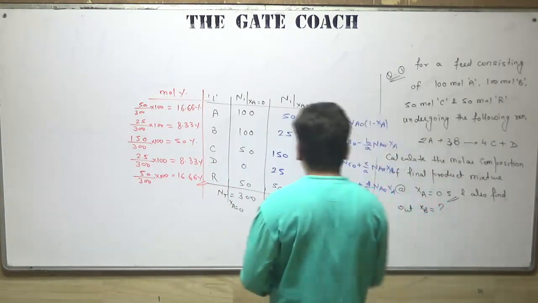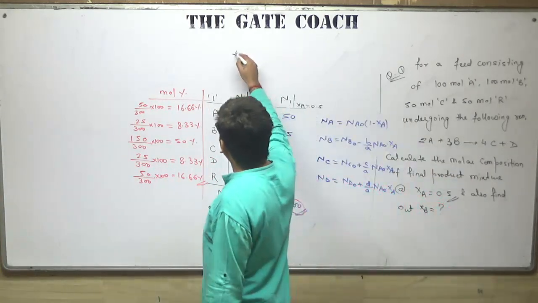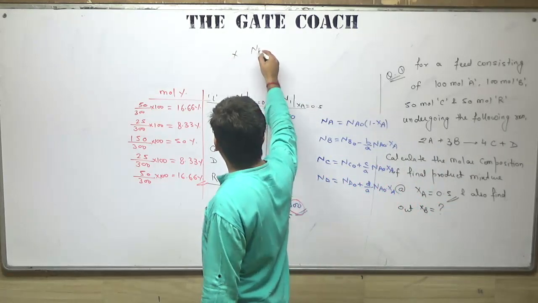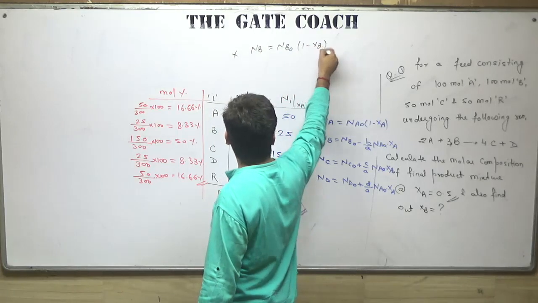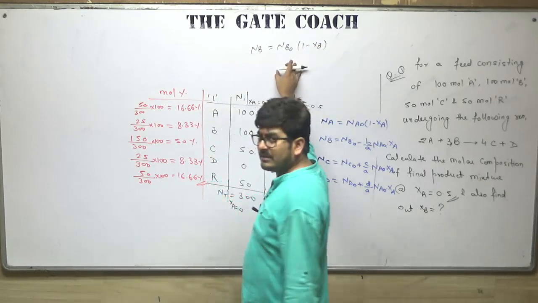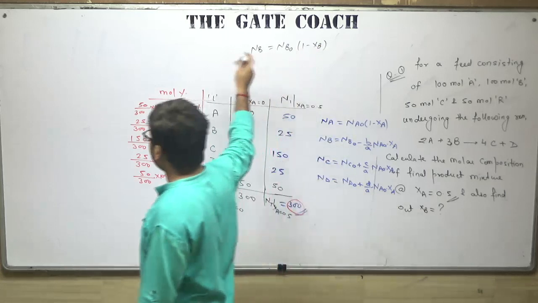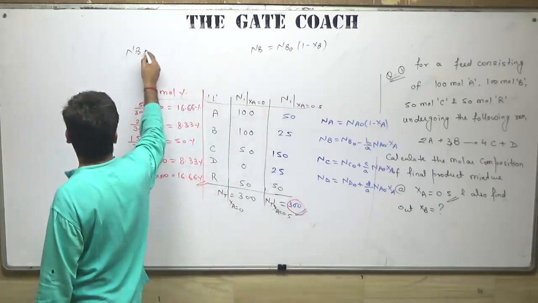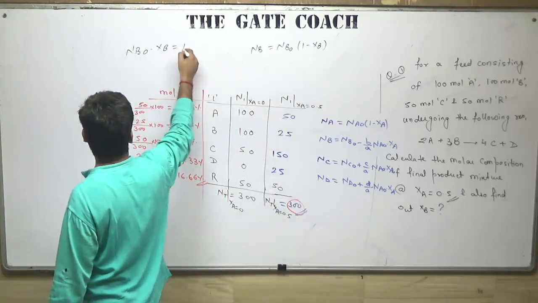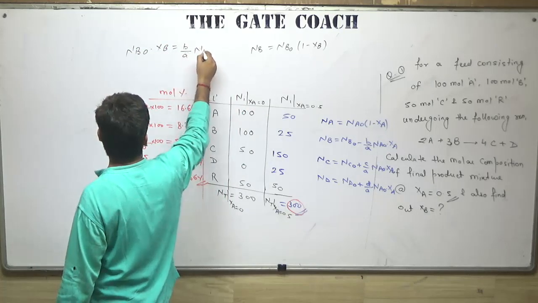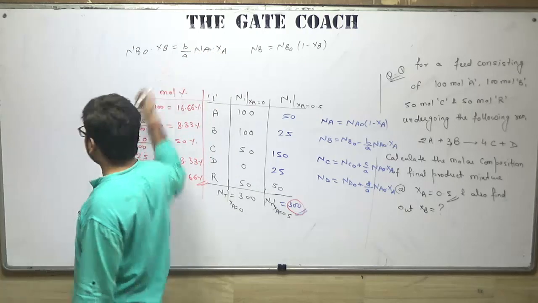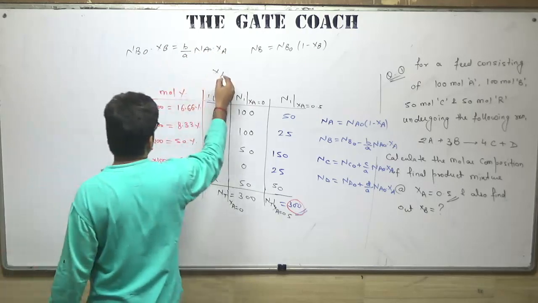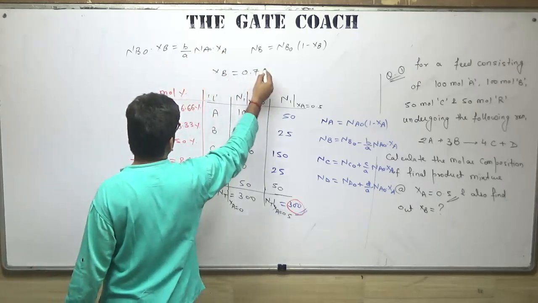So XB you can calculate either with the help of NB, that NB equal to NB naught (1 minus XB), put the values of both of these components and then get XB. Otherwise we know that NB naught into XB equal to b/a times NA naught into XA. You can calculate XB from this relation. So XB will be 0.75.